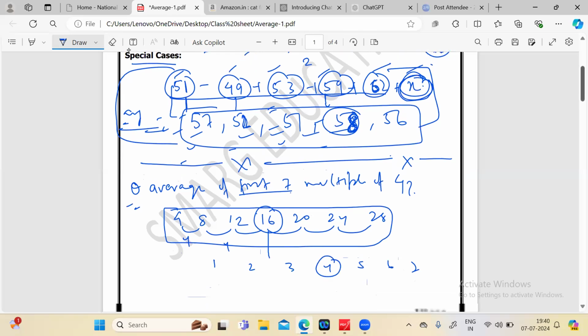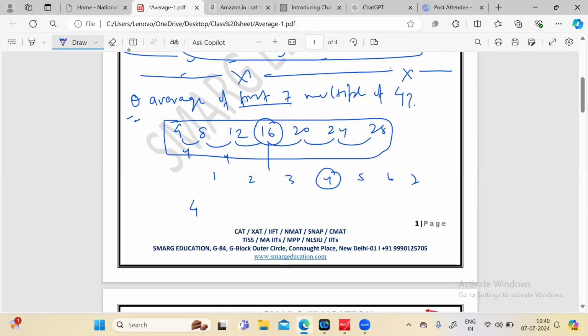So the average value will be the fourth multiple of 4, which is 16. So be smart enough. The entire exercise of average will be very easy. But don't use the regular formula to calculate things.